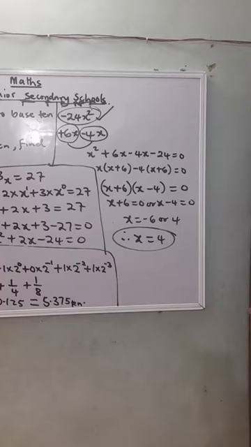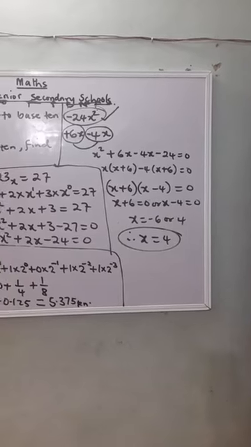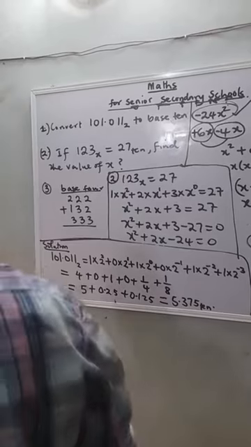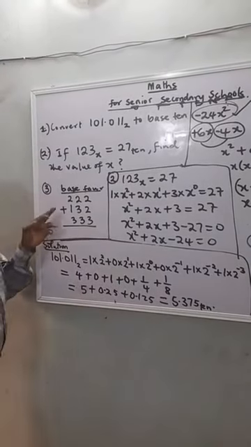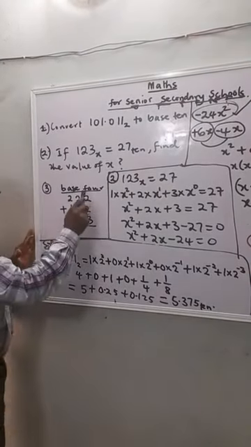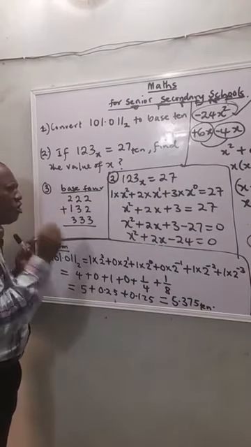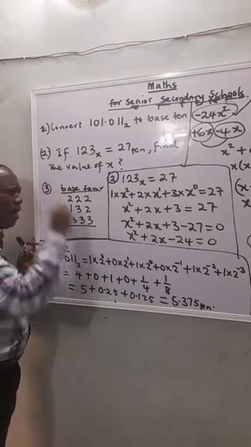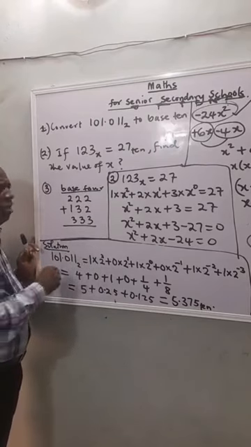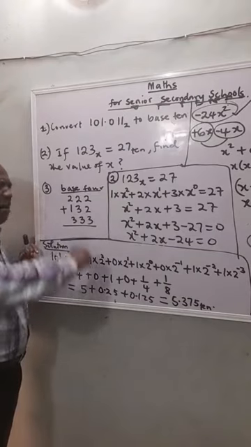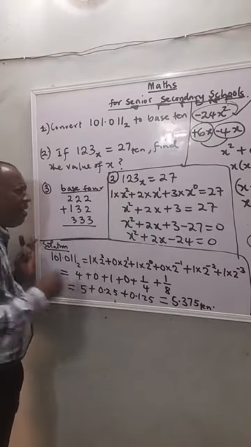Number 3, we are going to finally see how to add in different bases. If you look at the board, here is 2, 2, 2, 2, and I'm adding in base 4. Because I'm carrying out my addition in base 4, none of my answers will be up to 4. If there's any up to 4, I must divide by 4 and always write down the remainder.